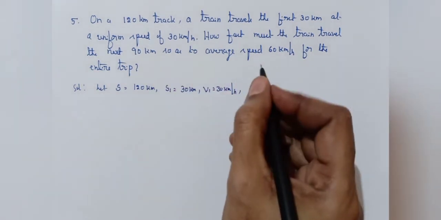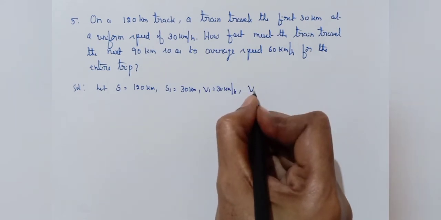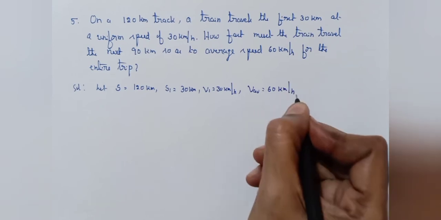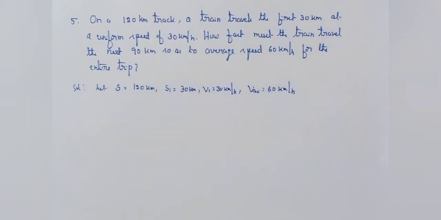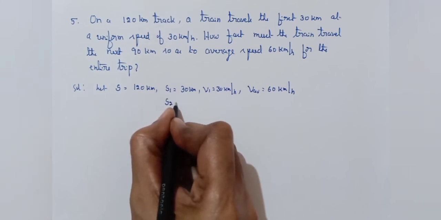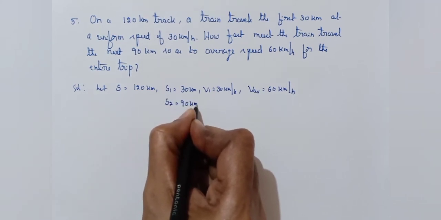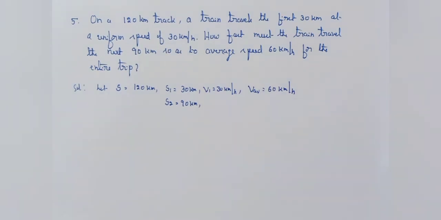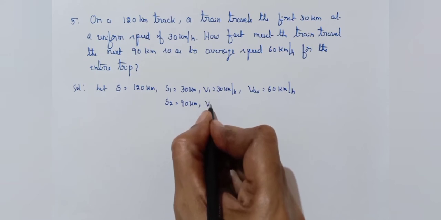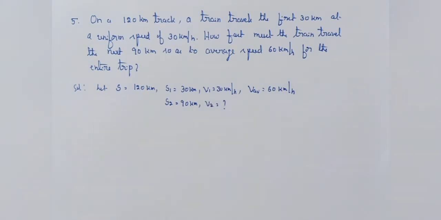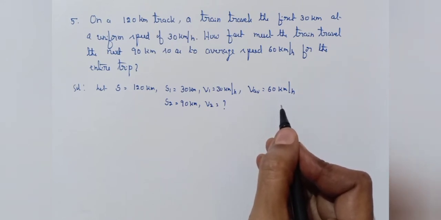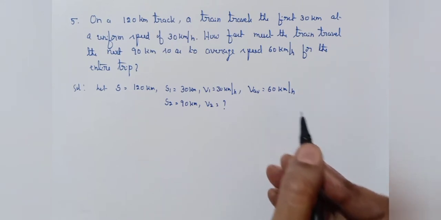And the average speed of the train is given, that is 60 kilometer per hour, and the next distance is 90 kilometer. So let S2 is equal to 90 kilometer. So you have to find out the speed with which the train travels along S2. So find out V2. Now by using the average speed, find out the total time taken first.